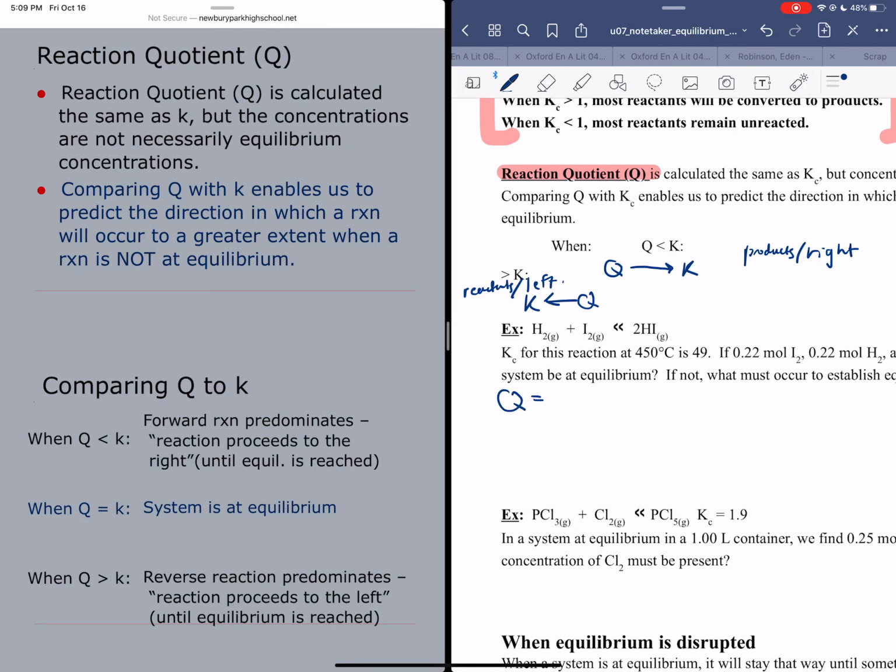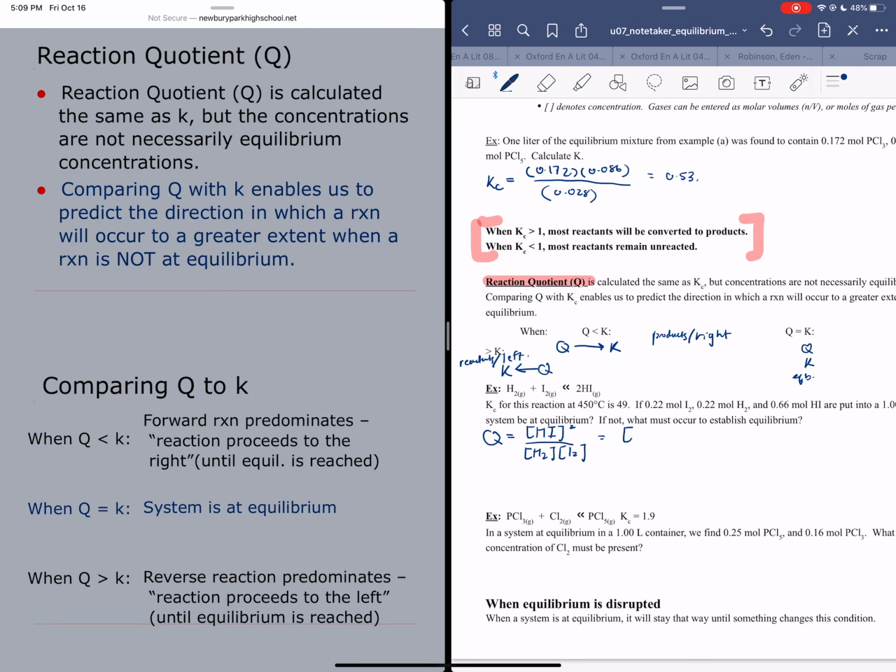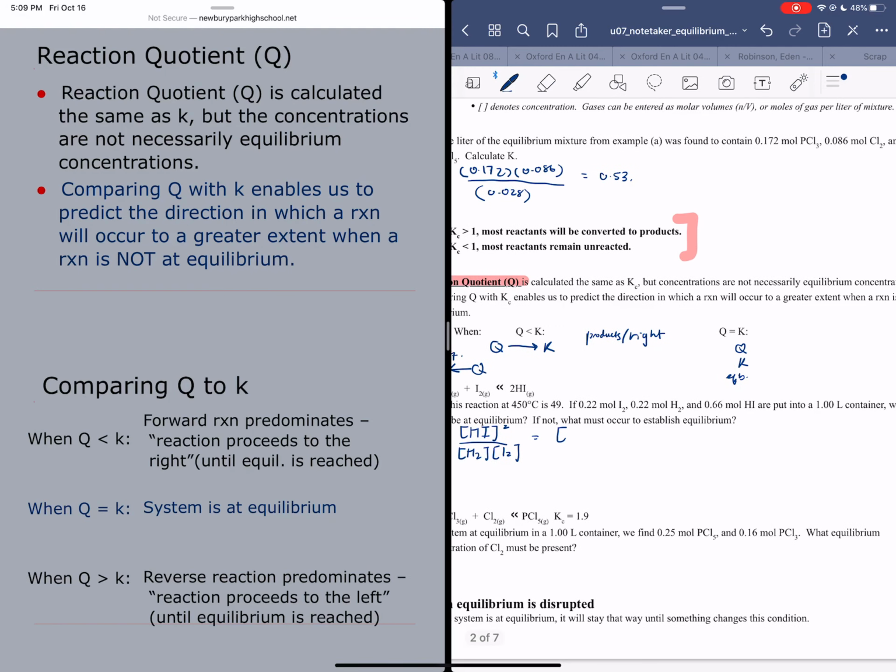First, we need to find what this reaction quotient is. And this is just the same thing as the equilibrium constants, sorry. You plug this in. Now, what does it tell us about HI?